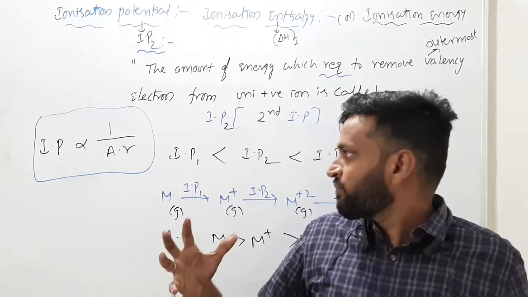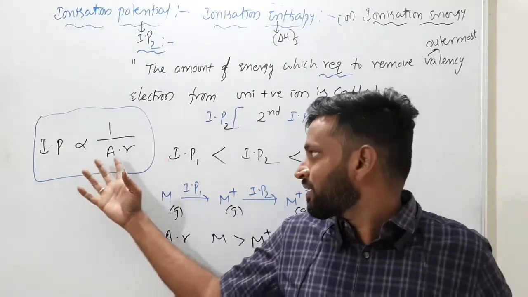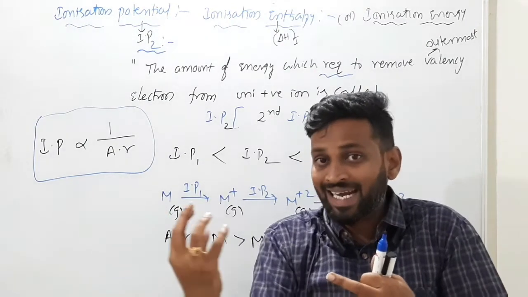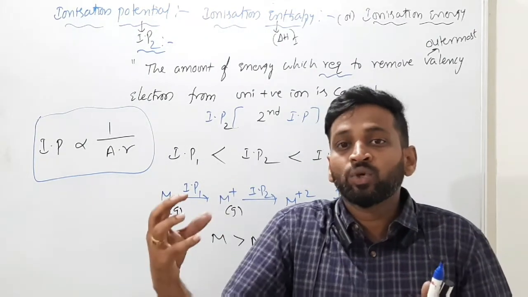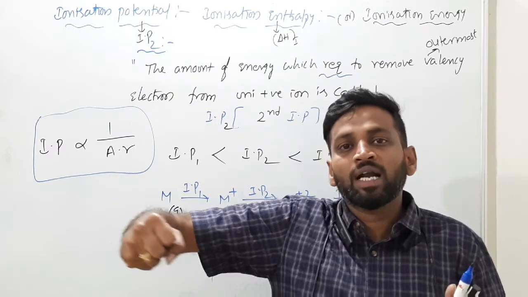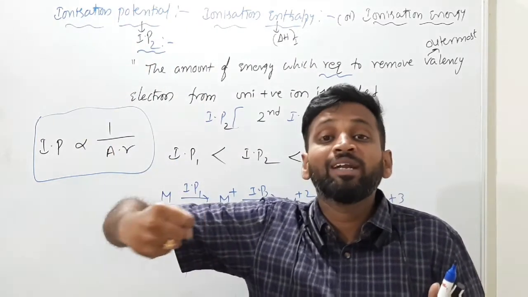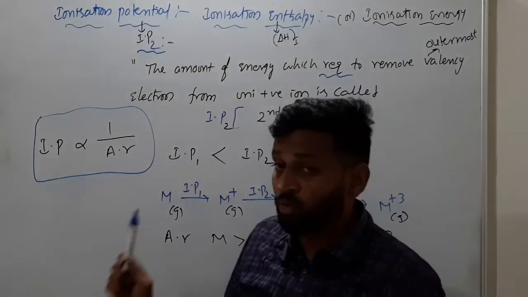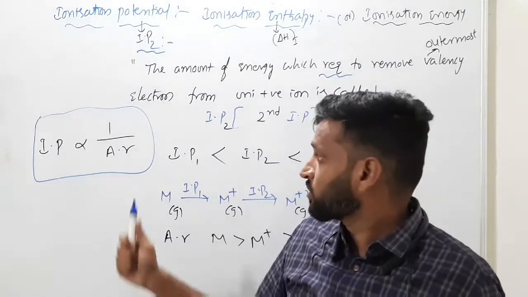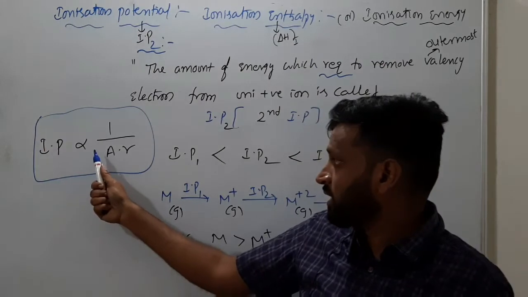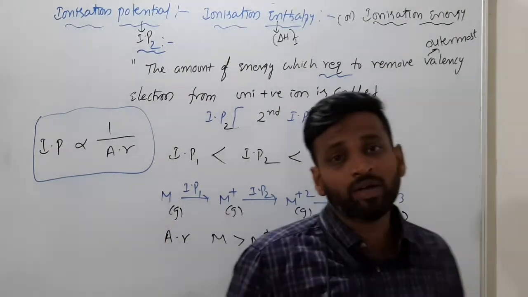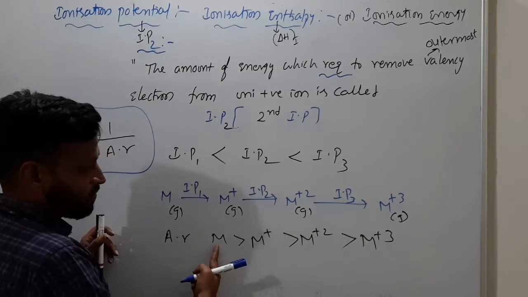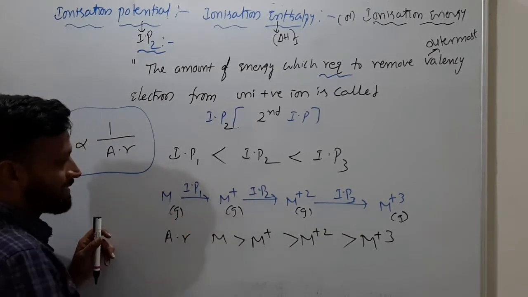Same story: if the radius is less, the outermost electron is attracted towards the nucleus, so for its removal you need more energy. Got it clearly? This is the most important thing. So ionization potential is inversely proportional to atomic radius. M has more radius, which means IP1 is less.